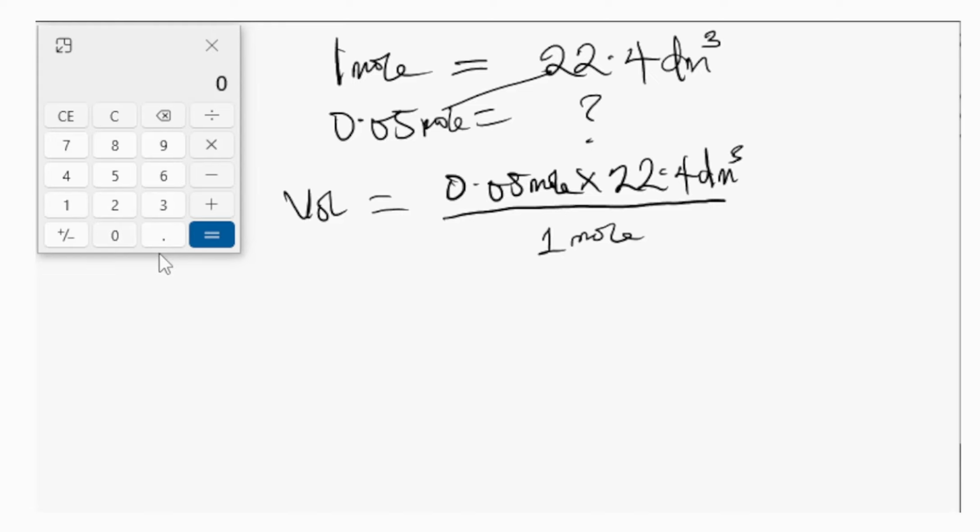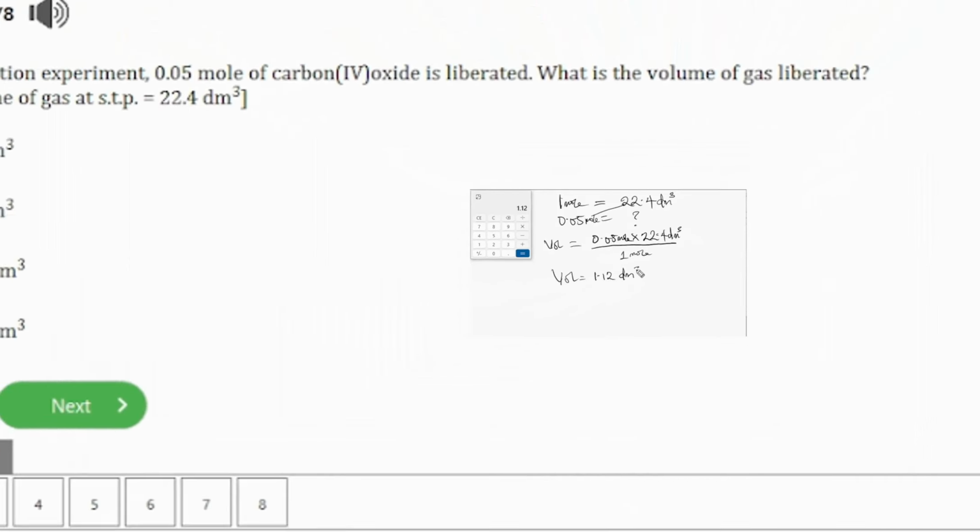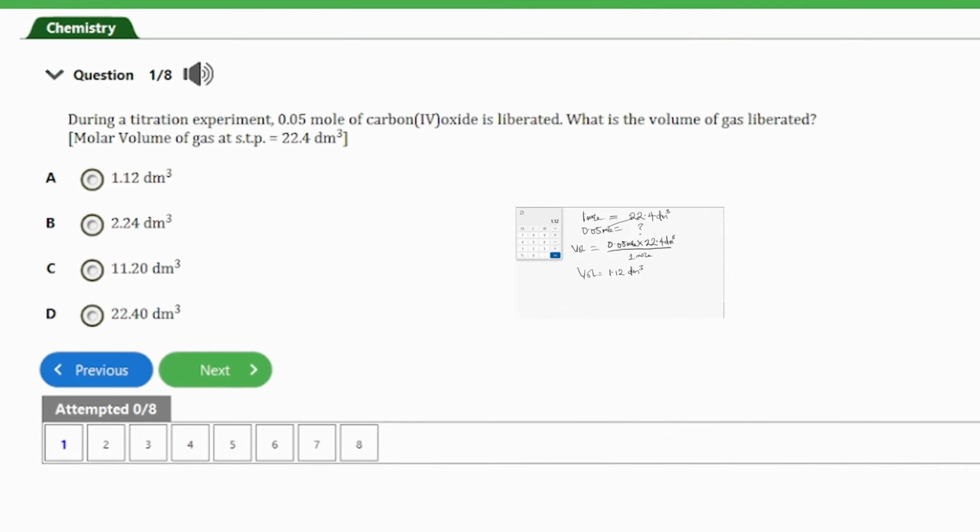Let's go ahead and have 0.05 mole times 22.4 dm cube, and that's 1.12. So the volume here is equal to 1.12 dm cube. That's the answer to this question, guys, and that's option A here. So let's go ahead and wipe this out, and then let's consider the next question, guys.